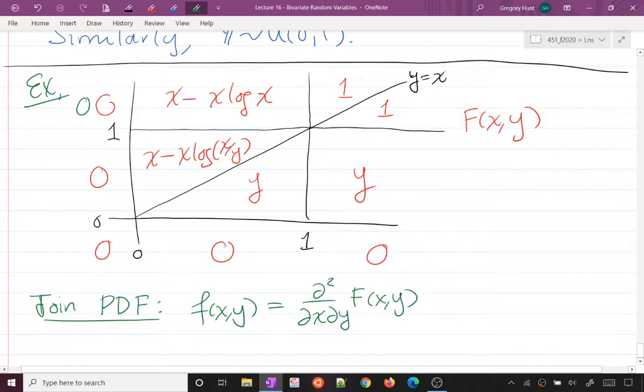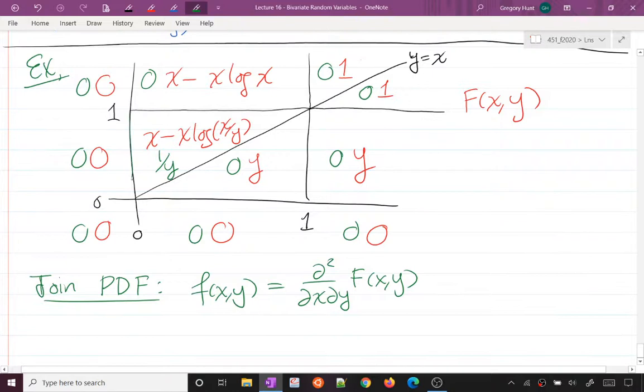So certainly where it's 0 already, I'm going to get 0. Where it's 1, I'll get 0. Where it's y, I'll get 0. And where it just involves x, I'll get 0. Take derivative with respect to y, that's suddenly 0. And the only interesting place is in this triangle here, where I'll get 1 over y.